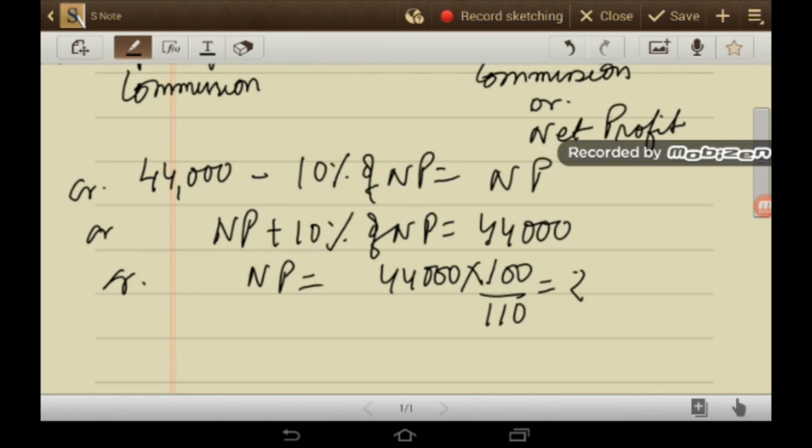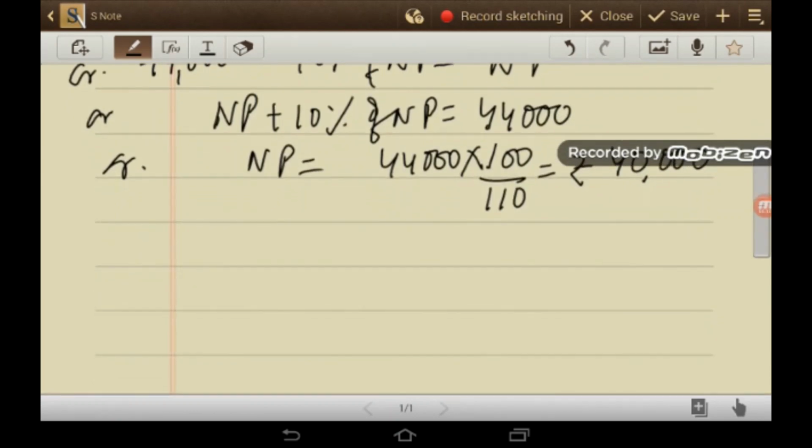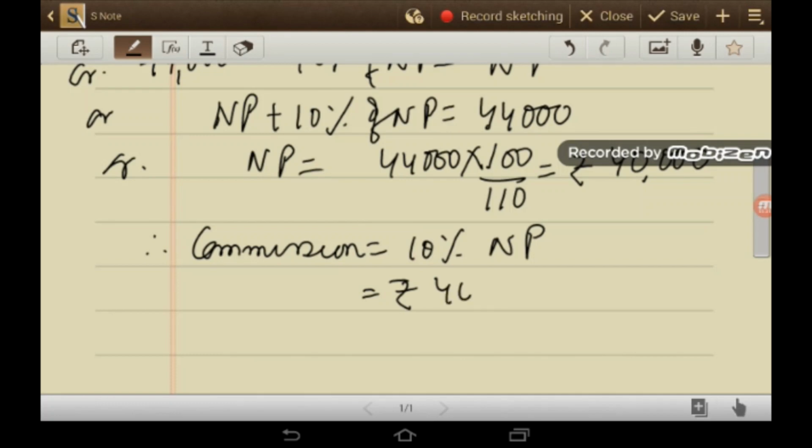So this gives you 40,000. So therefore commission is equal to 10% of net profit. So this will be rupees 4,000.